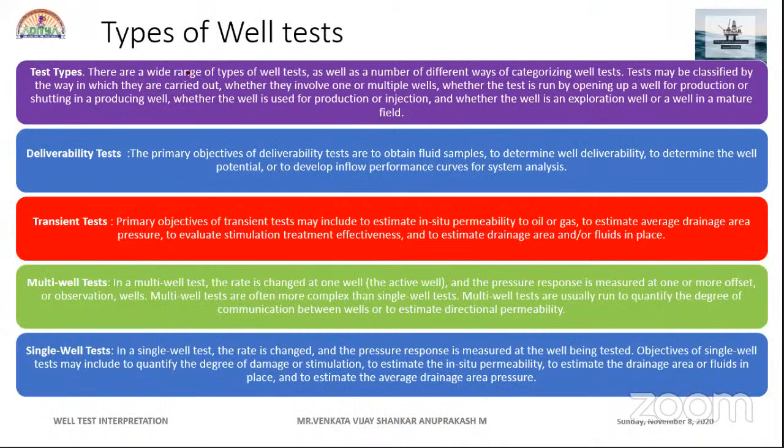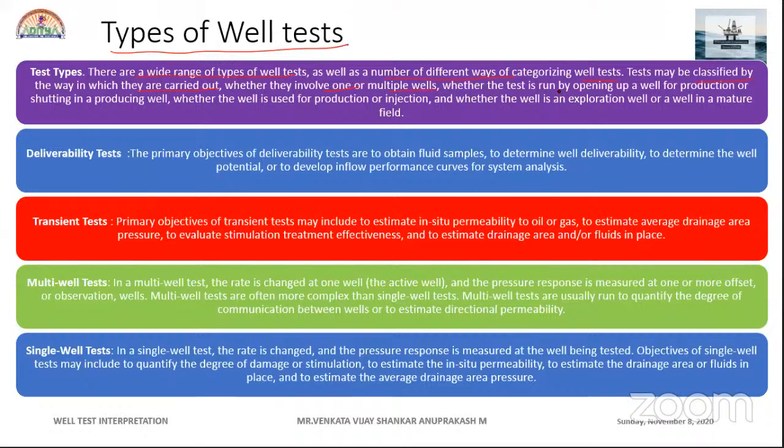Now, coming to your types of test. There is a wide range of types of well test, as a number of different ways of categorizing them are possible. So tests may be classified by the way in which they are carried out. It may involve one well or multiple wells.